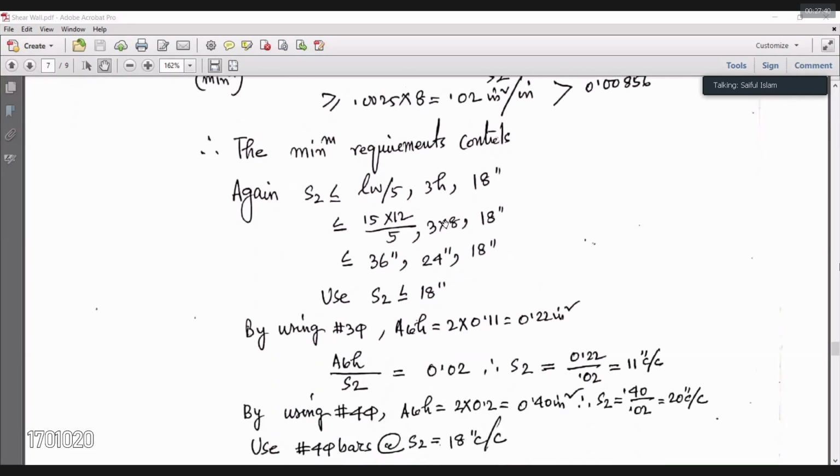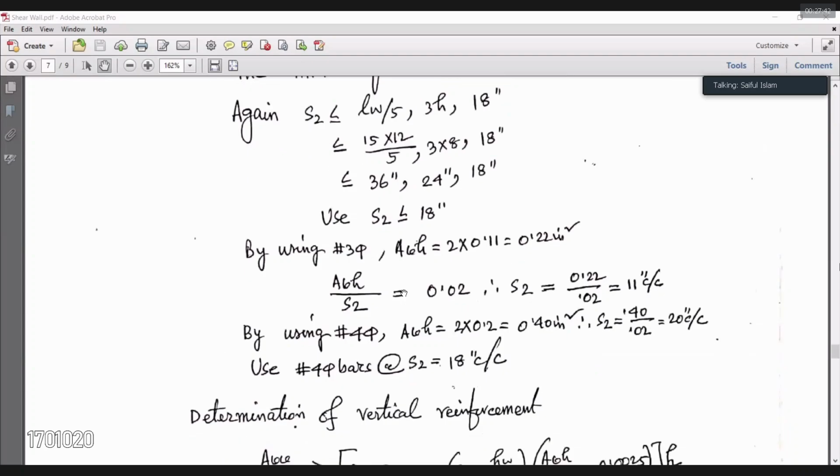You put here, and from there we are getting s2 equal to 11 inch center to center. So 11 inch is less than 18 inch. So you have to provide 11 inch center to center if you are using number 3 bar as horizontal shear reinforcement. Now it is the example.